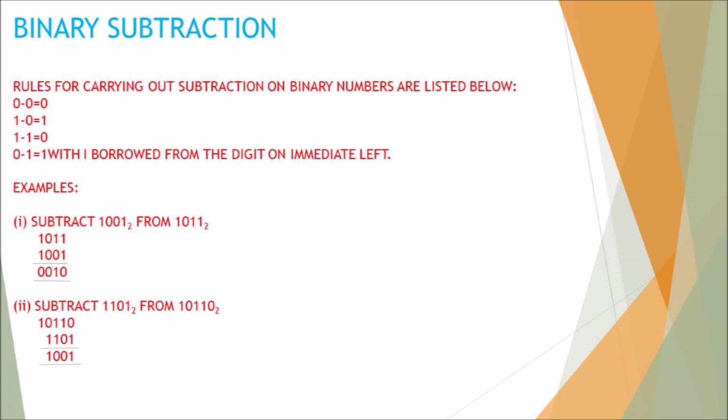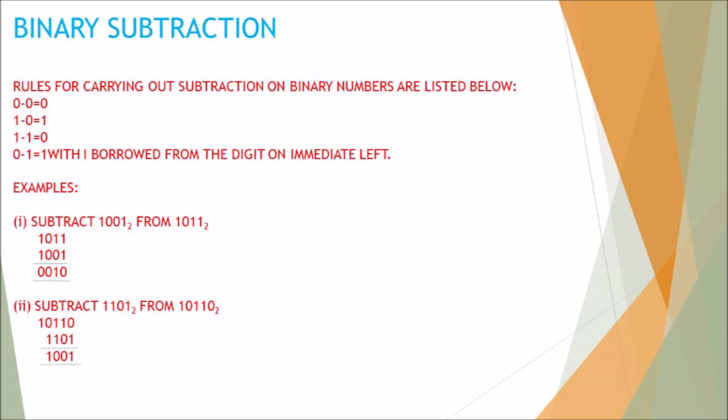We cancel the 1 in the 10th place, and when we borrow 1 from the immediate left, it becomes 0, and the 0 becomes 10. So 10 minus 1 is 1. And since we have borrowed, the 1 becomes 0.